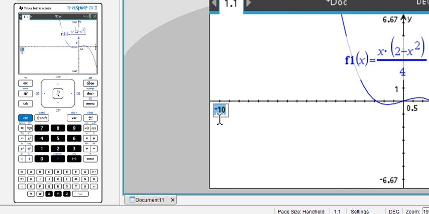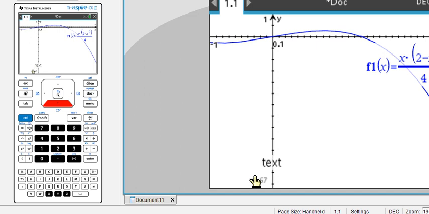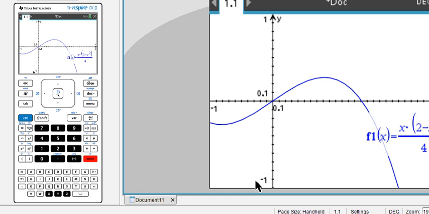So I might make this -1 just so I can still see my origin and the positive y-axis. It looks like I only need to go up as far as 1 there. And I'm going to make this -1. All right, that gives me a not perfect, but much better picture than what I started with.